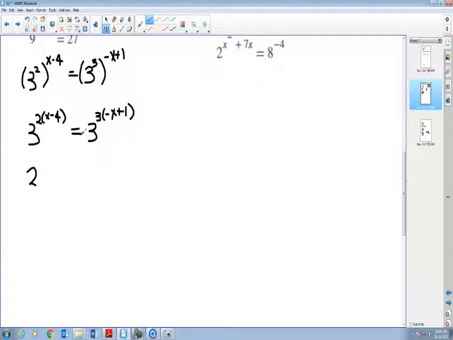So I'm going to go ahead and multiply them as I write them. This is going to be 2x minus 8 equal to negative 3x plus 3. Alright, move the negative 3x over, that becomes 5x. Move the negative 8 over, that gives me 11. So my answer, x equals 11 over 5.